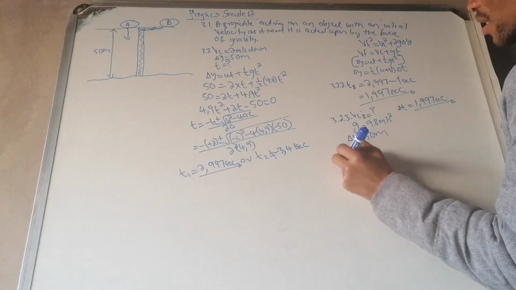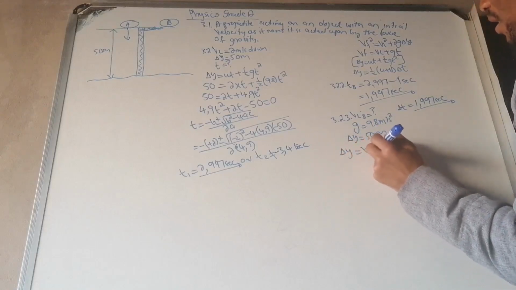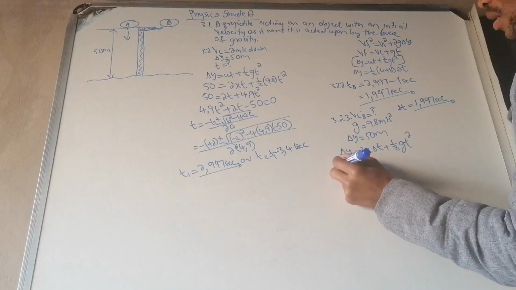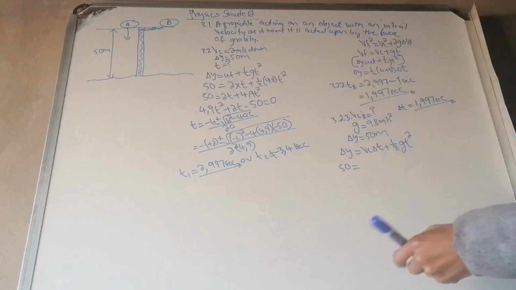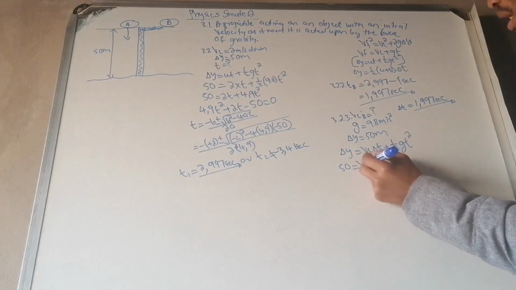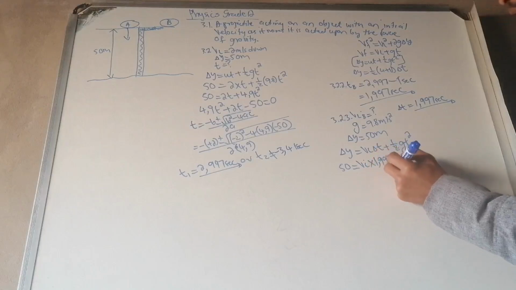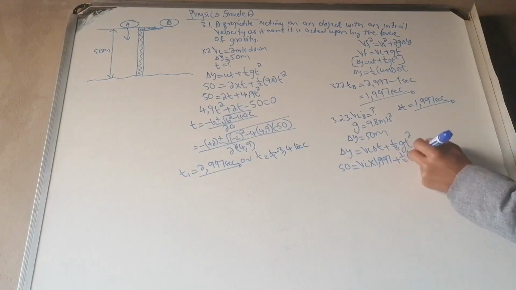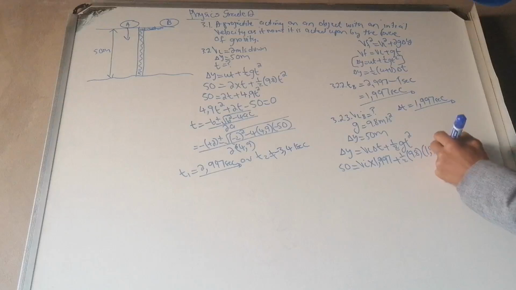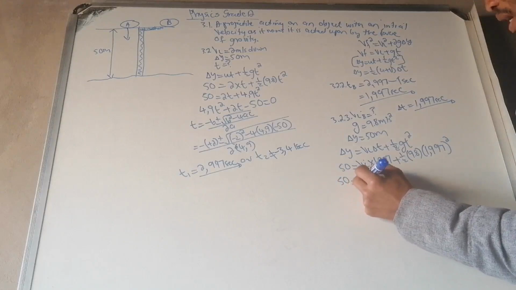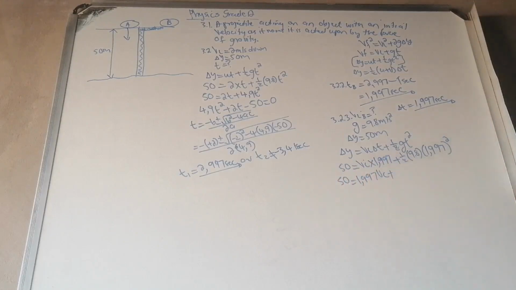I can say delta y equals vi delta t plus 1/2 g t squared. 50 equals, because it is still going in the same direction, I'm looking for this. What is the time? 1.997 seconds plus 1/2 gravity in the same direction, positive 9.8, 1.997 squared. 50 equals 1.997 vi plus, let me find what that would be.